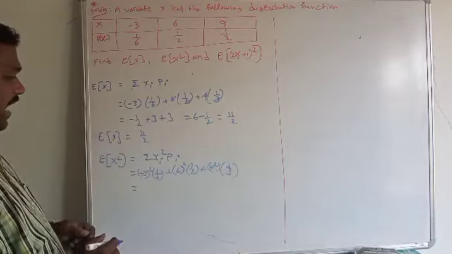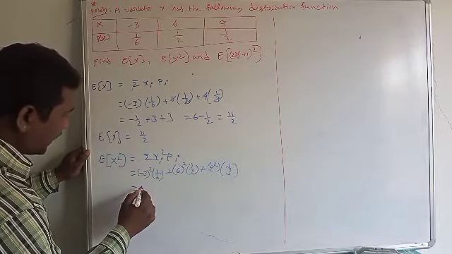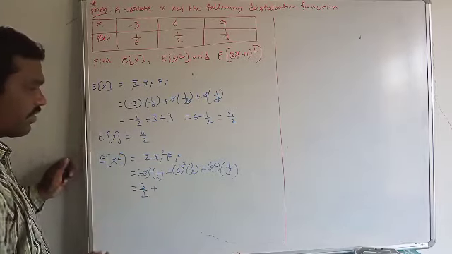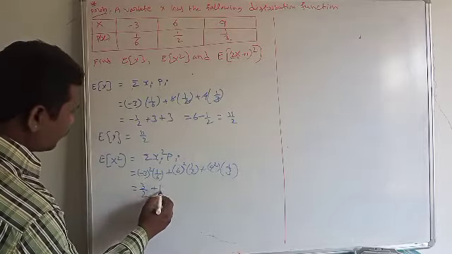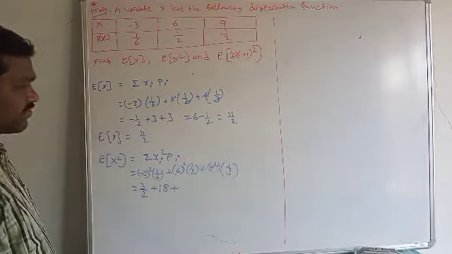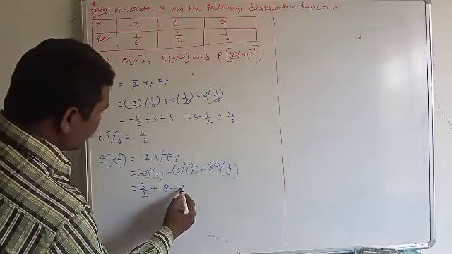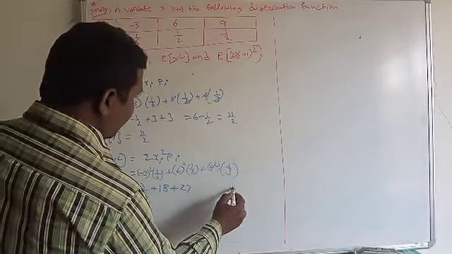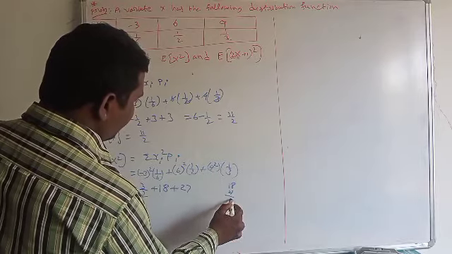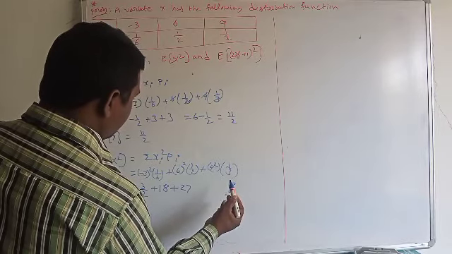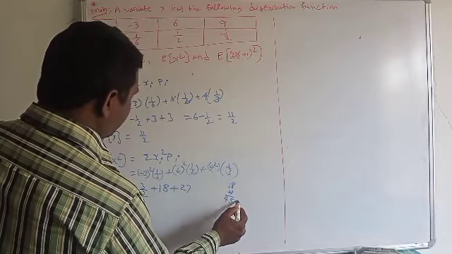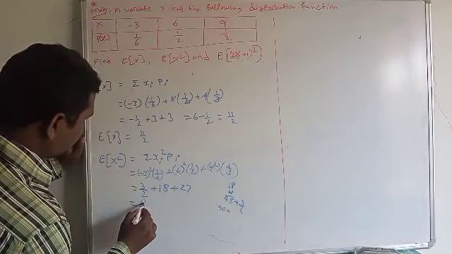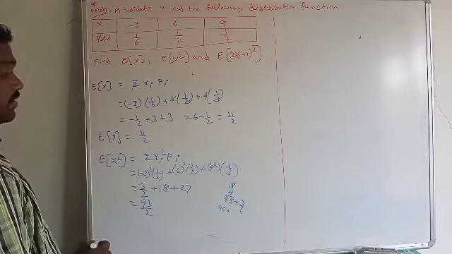Minus 3 whole square is 9, into 1 by 6, the 3 cancels, giving 3 by 2. 6 square is 36 into 1 by 2 is 18. 9 square is 81 into 1 by 3 is 27. So 18 plus 27 is 45, plus 3 by 2, then 90 plus 3, which is 93 by 2. This is the expectation of x square.